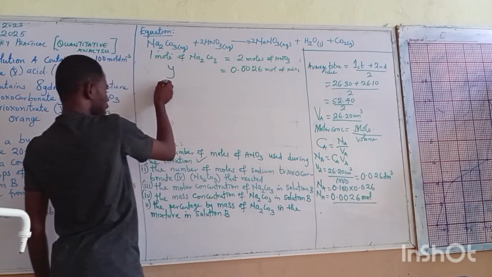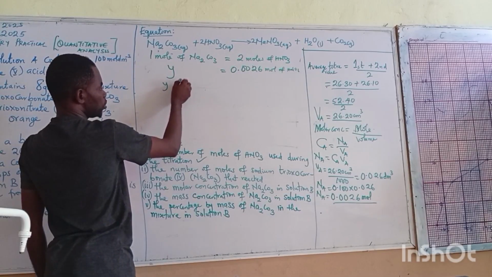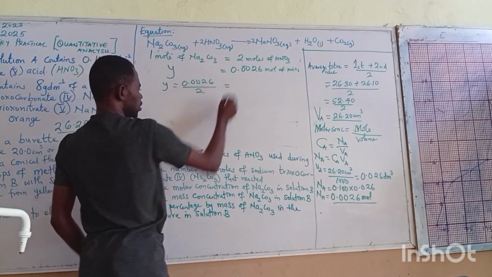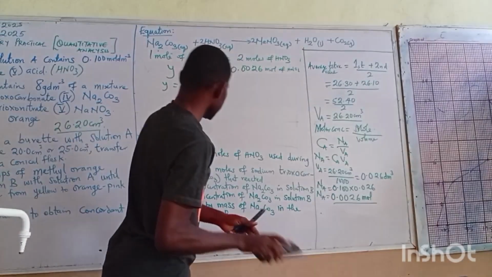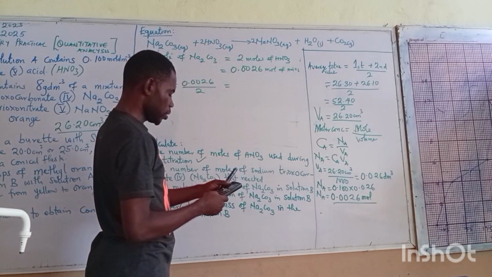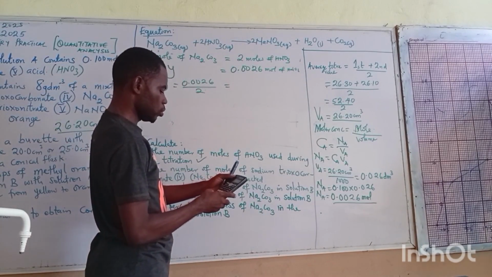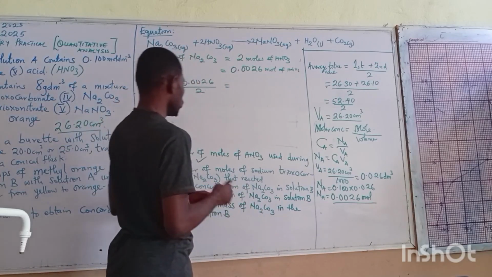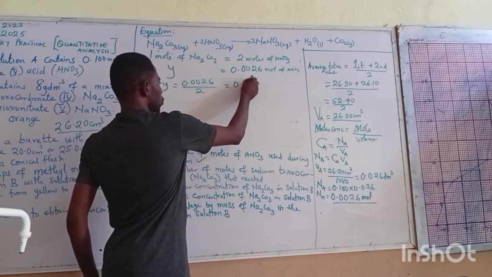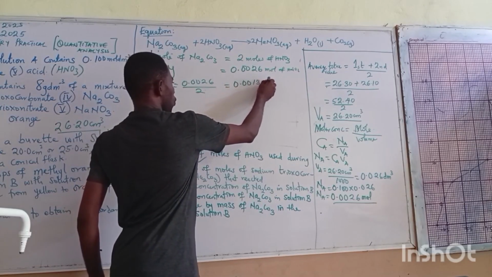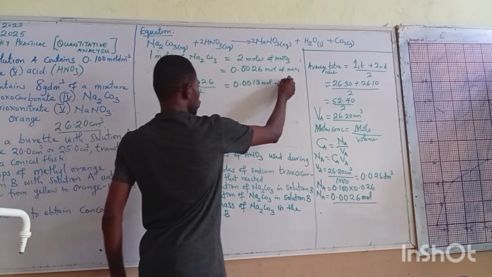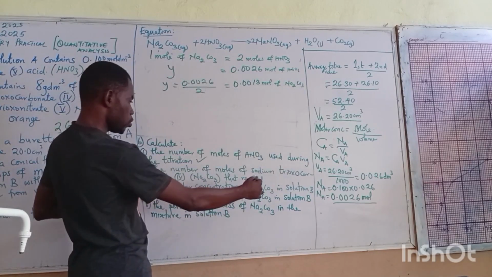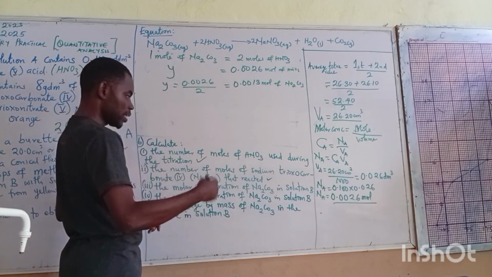So Y equals 0.0026 divided by 2. Then my calculator satisfies that one. I have 0.0013 mole of Na2CO3. And we satisfy question 2. Right, that's how I'm going to finish it.